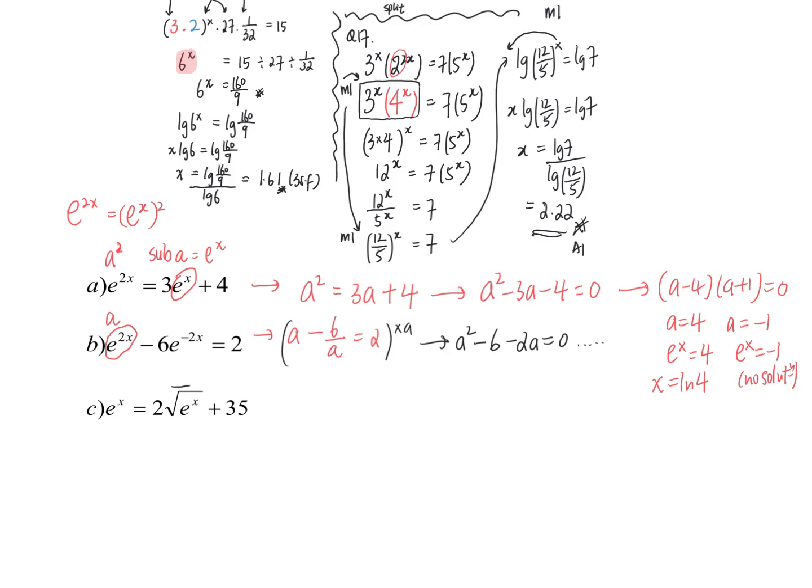So maybe we let this be A. So this, isn't this the same as this squared? This thing is the equivalent of this. So actually this is A squared. Can you see this is A squared? So 2A plus 35. From there, go and solve the quadratic.